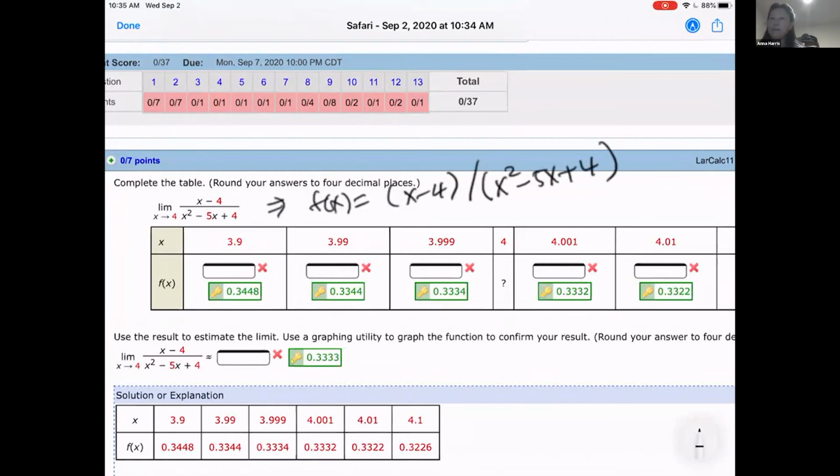Okay, so let me do this problem. I'm going to do it in Julia. Let me share my screen.